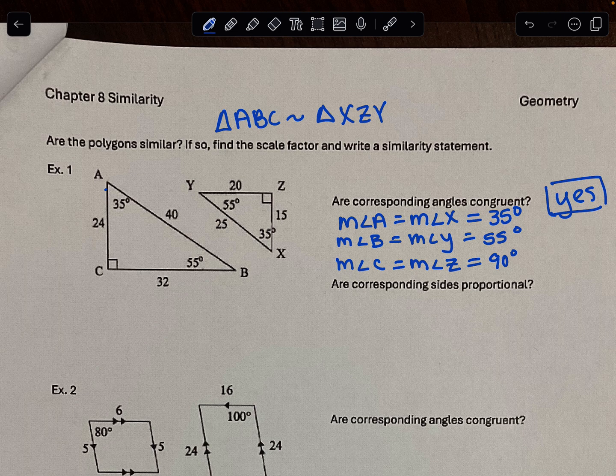The other thing you might do is match up your sides like, wouldn't we go X, Y, Z? Oh, sorry, I did that backwards on that one. Thank you. Because I went A, B, C, so 35, 55, 90, yes.